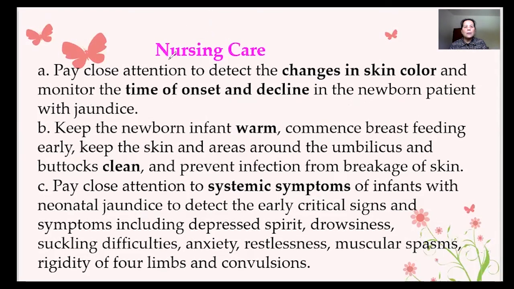Then we talk about the nursing care part. Basically, we need to watch the skin color, when it starts and how it changes. Is it getting lighter and lighter, or darker and darker? If it's getting lighter and not recurring again, that's usually physiological jaundice, and we don't need to worry.